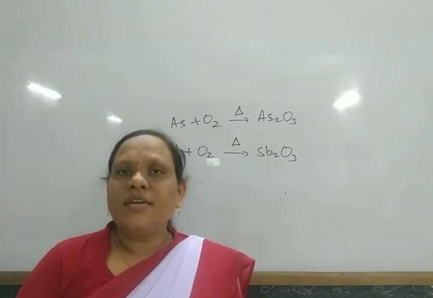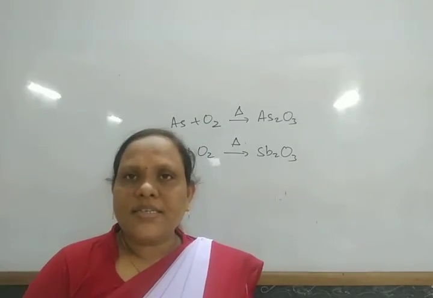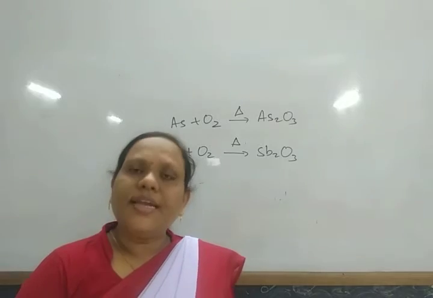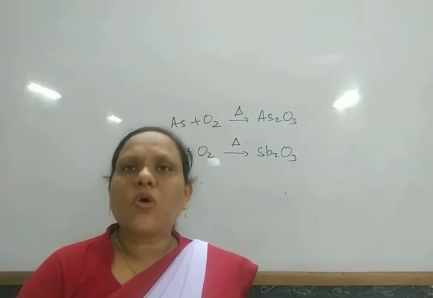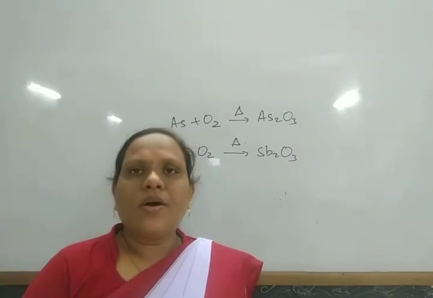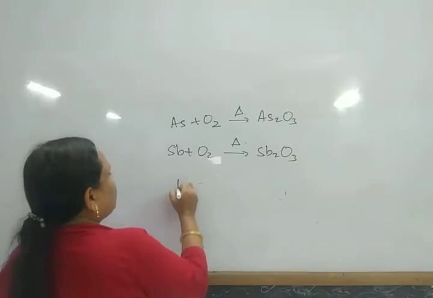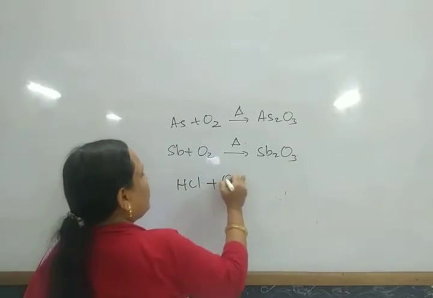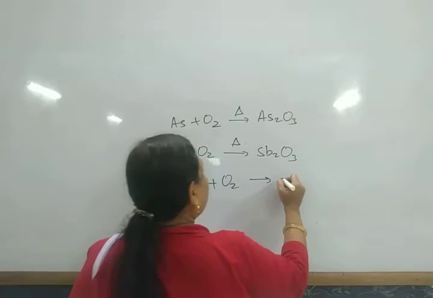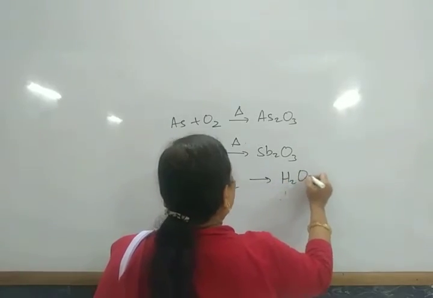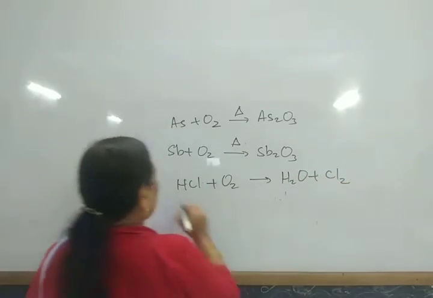Similarly, oxygen also acts as an oxidizing agent. It oxidizes hydrochloric acid to chlorine. So HCl plus O2 gives H2O plus chlorine.